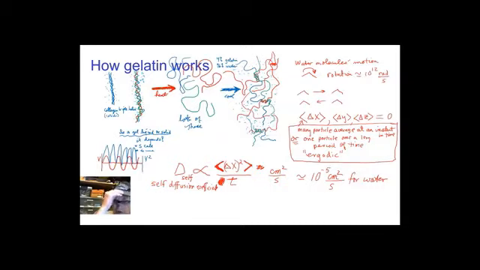The diffusion coefficient of the polymer chain is basically almost 0, approximately 0 in the gel state. So is it a liquid or a solid? Well, to the water, it looks like it's liquid.